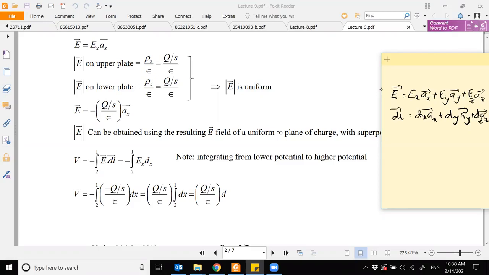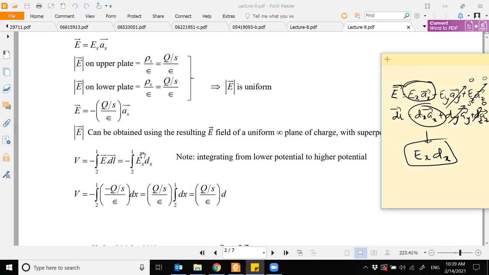Now, since we only have this component, when you do the dot product only these two will exist and you will get Ex multiplied by dx. We don't have the others, they will all go to 0. So you will have only Ex dx.